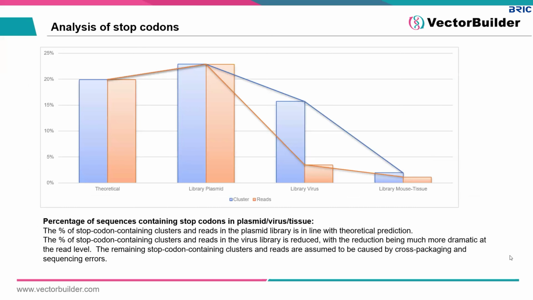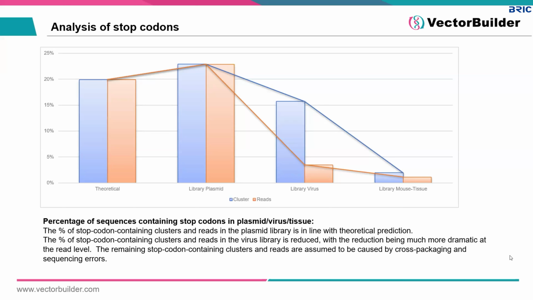We also analyzed the stop codons during virus packaging, particularly for the first library, because for a 7-mer random peptide display library, we introduce NNK codons, and these codons contain stop codons. Stop codons theoretically could not generate a viable capsid protein. But in fact, we detected stop codons in the virus library.